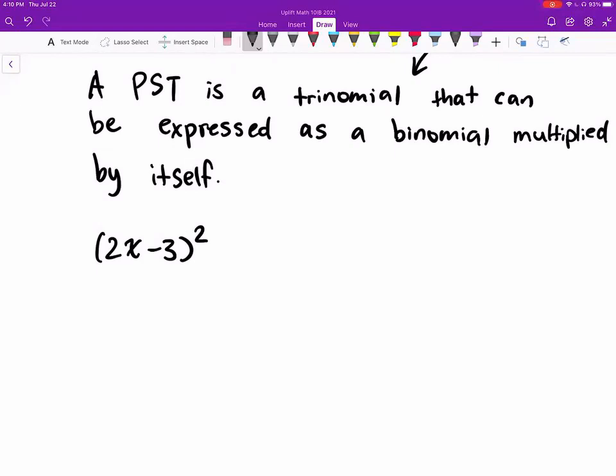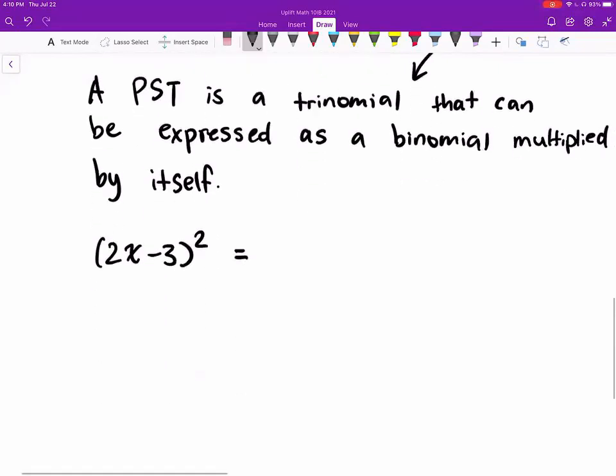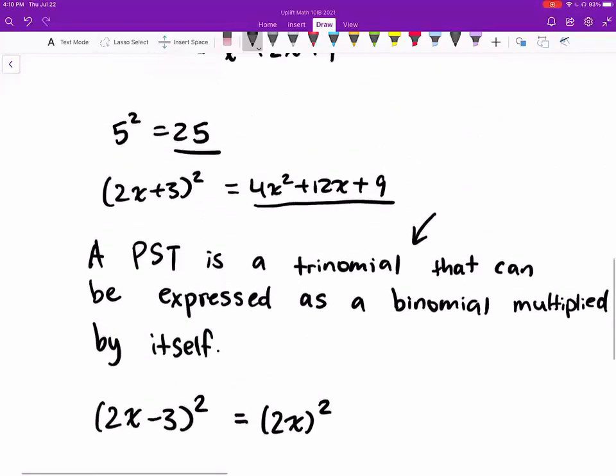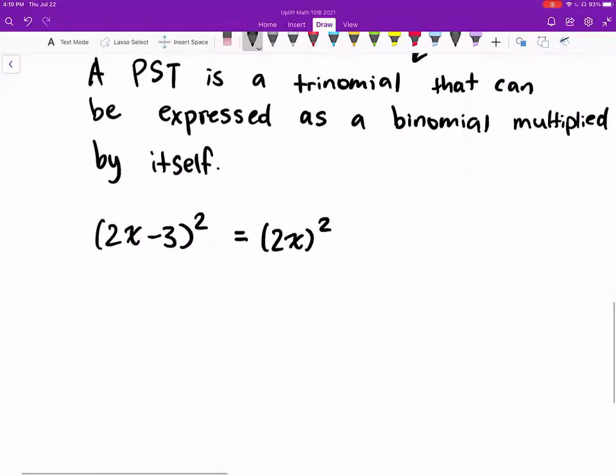So as above, using the formula we got, the a here will be 2x. So we do 2x squared in brackets. Remember the brackets. And then we do 2ab, where a is 2x and b is negative 3, so we multiply those together. Then b is still negative 3, so we do negative 3 in brackets squared.